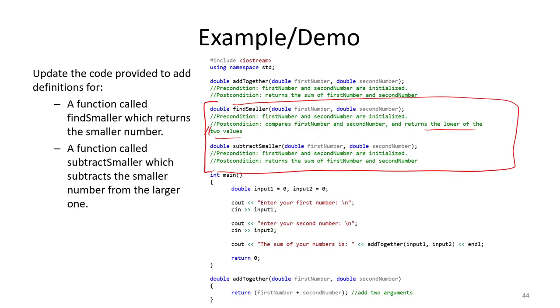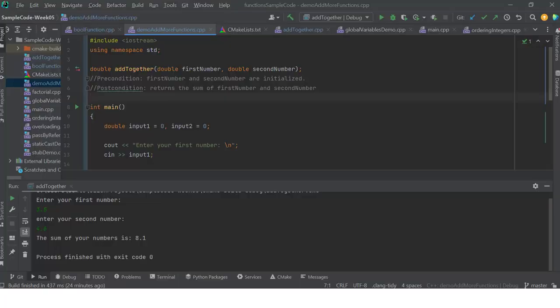And then we also want to write another function called subtract smaller, which will, in this case, (this is a typo in the post condition) subtract the smaller number from the larger number and return the difference between the smallest number and largest number. Okay, so here I have my original program, and notice I only have my add together function.